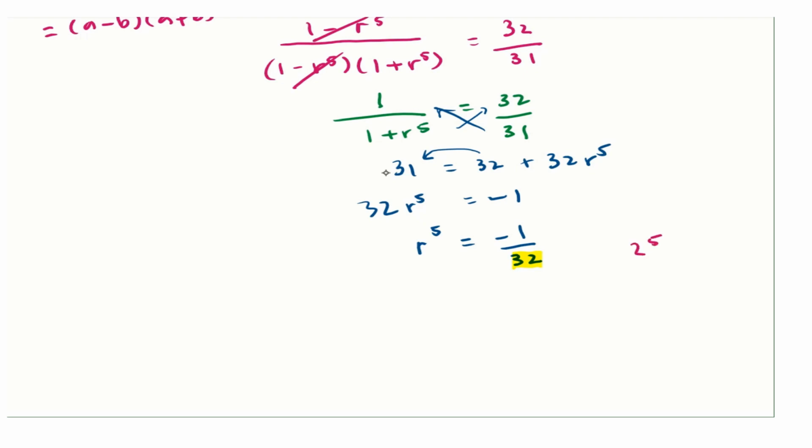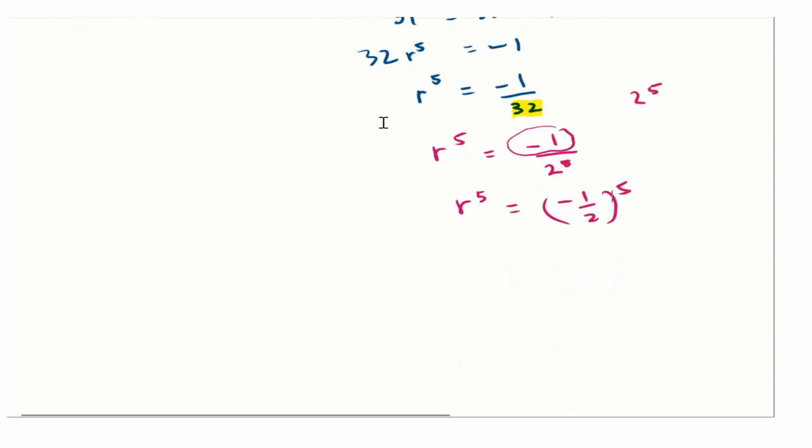So it becomes R power 5 equals negative 1 over 2 power of 5. On top we have negative 1, and negative 1 power 5 gives negative, so we can combine it. So R power 5 equals negative 1 over 2 to the power of 5. So then we get R equals negative 1 over 2. Okay, so now we have R.